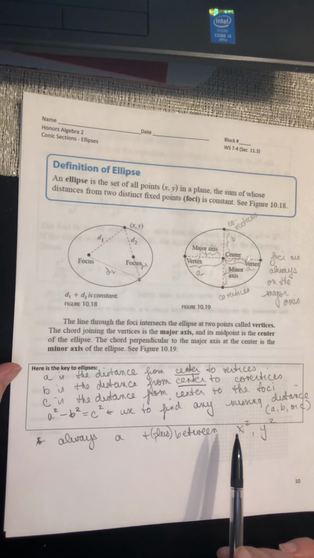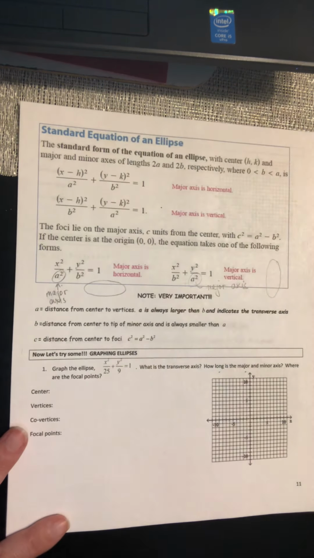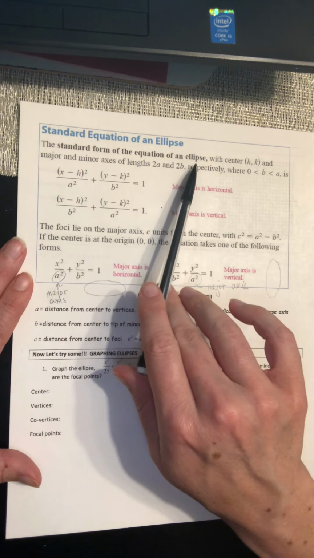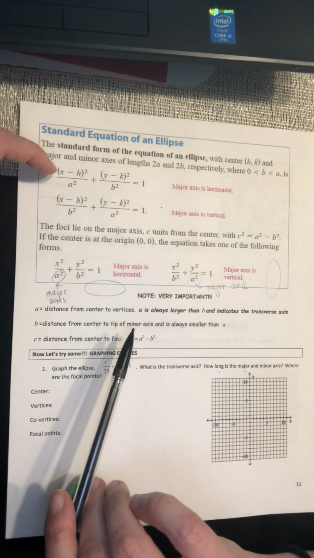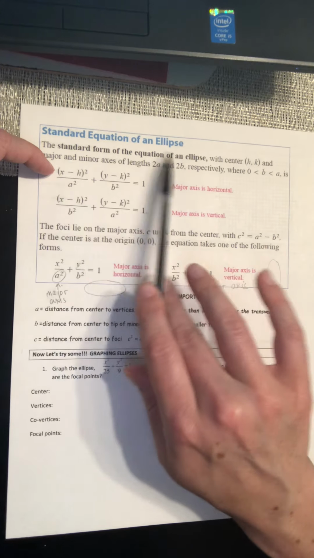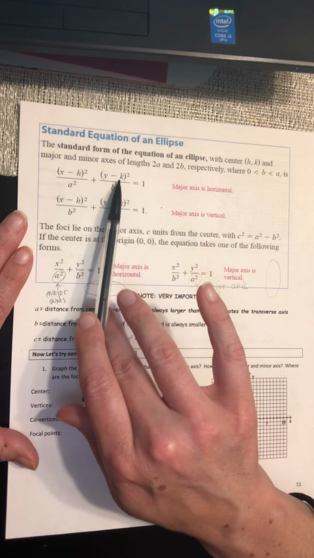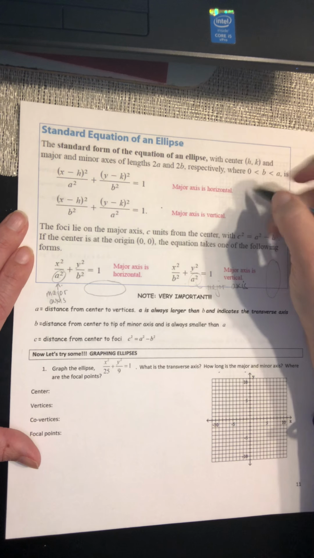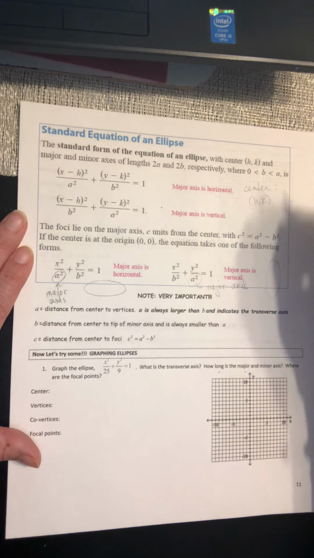The other thing that I want you to see is if I flip back here, if you take a look here in our standard form, notice there's no H, K, right? But if I change this formula into the standard form, where we shift it left or right or up or down, we get back to that H, K form that we had with a parabola. So your center here will always be H, K, just like it was your vertex.